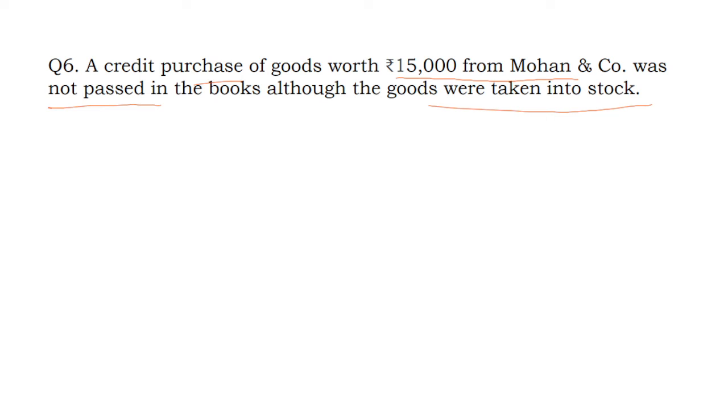How to make the credit purchase journal entry? The credit purchase entry is to be passed like this: purchase account debit to the creditor's account. There is no wrong entry because it is not recorded only.